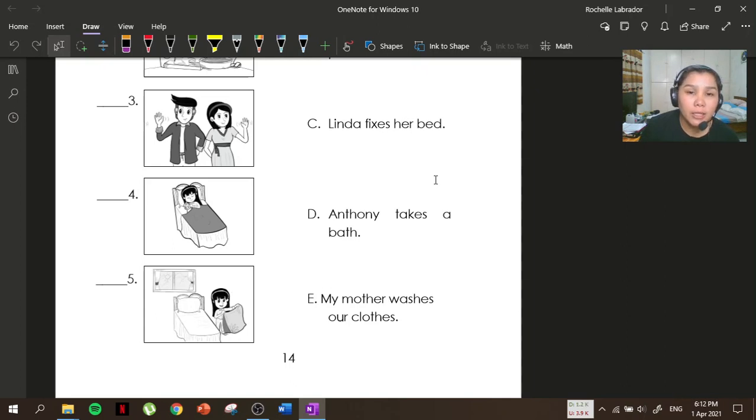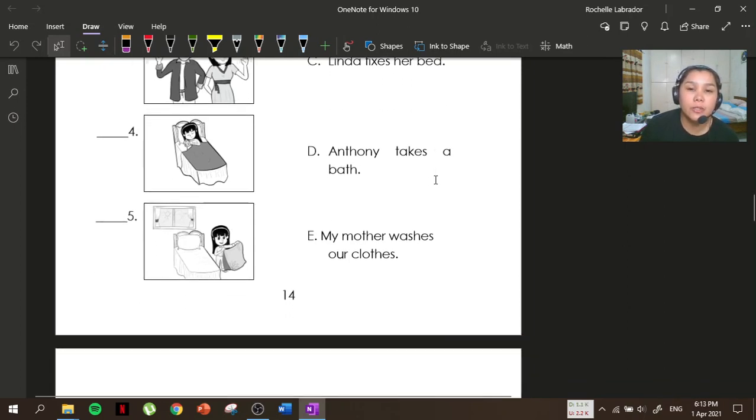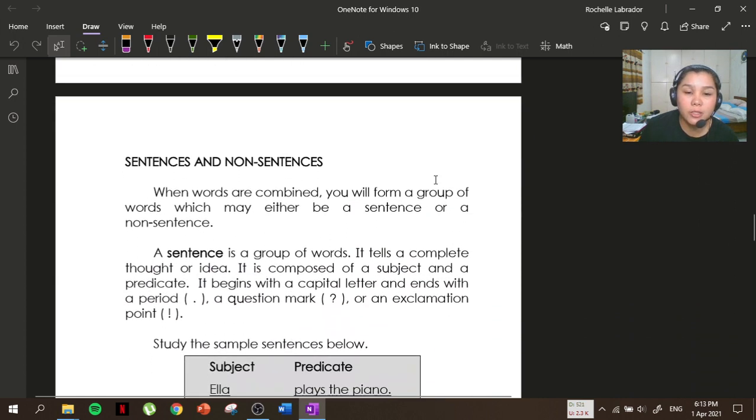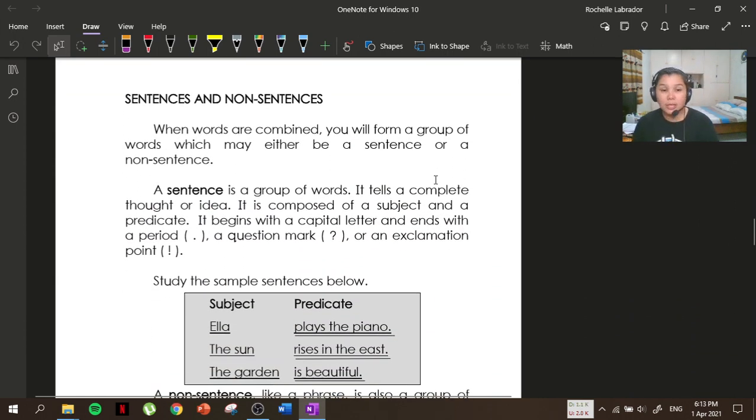So if you're done with this task, you may proceed with the next page. So this is the discussion part. It will show you the differences of sentences and non-sentences. So when words are combined, you will form a group of words which may either be a sentence or a non-sentence. So group of words, pwede siyang two or more.